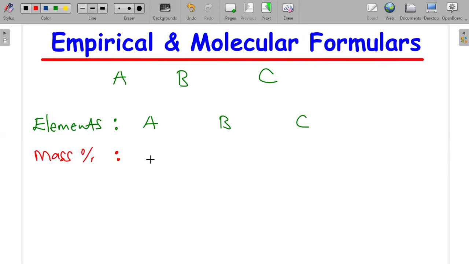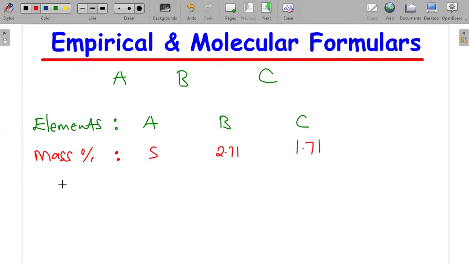Let's say, for example, the mass of A is 5 grams, the mass of B is 2.71, and the mass of C is 1.71. Those are their mass percents or their masses.